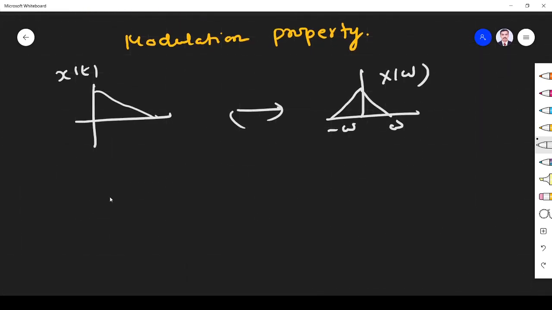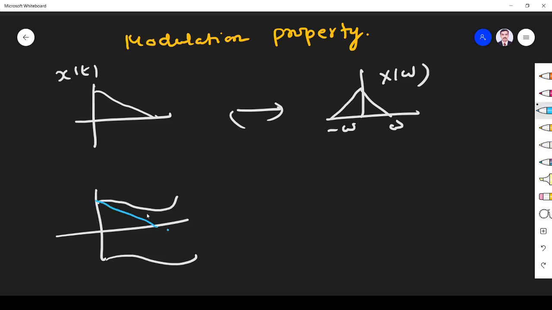What will happen if you multiply this signal with cos? The cos will be like this. This is your cos, and this is our original signal.